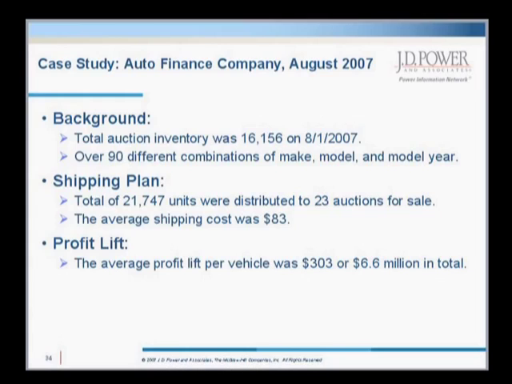The shipping plan in August had almost 22,000 vehicles that we distributed to these 23 auction sites where these clients do business. And this was done at an average cost per vehicle of $83. The profit lift that we were able to generate for our client in that month was $303 per vehicle, or $6.6 million in total, and that's not a bad amount to have in a single month.